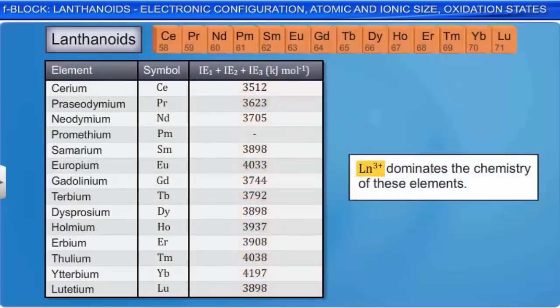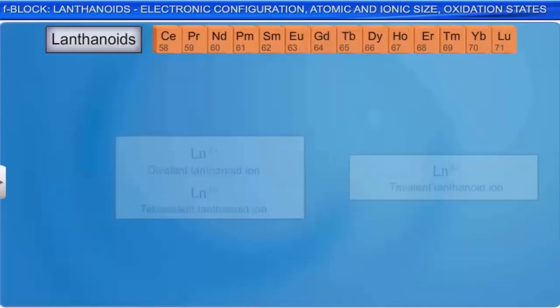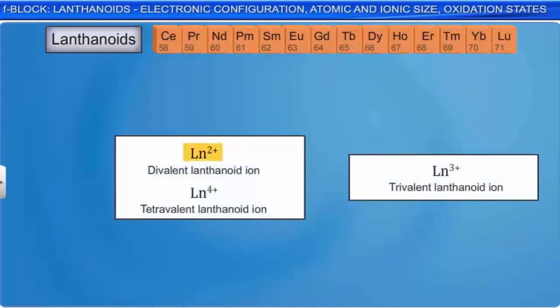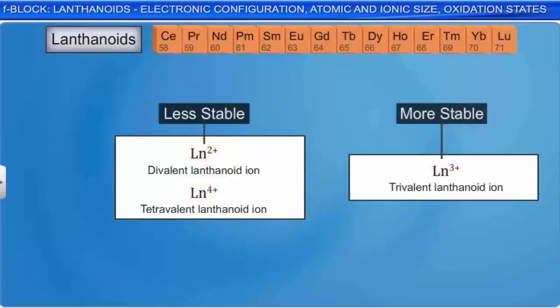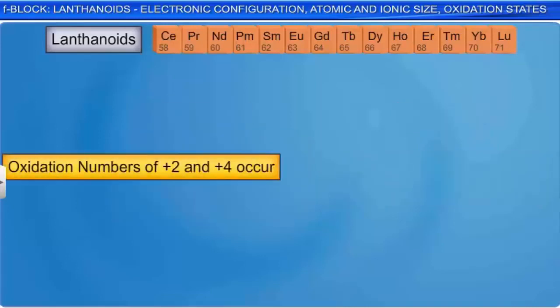The divalent and tetravalent lanthanoid ions that do occur are always less stable than trivalent lanthanoid ions. The oxidation numbers of +2 and +4 do occur, particularly when they lead to a noble gas configuration, a half-filled f subshell, or a completely filled f subshell.